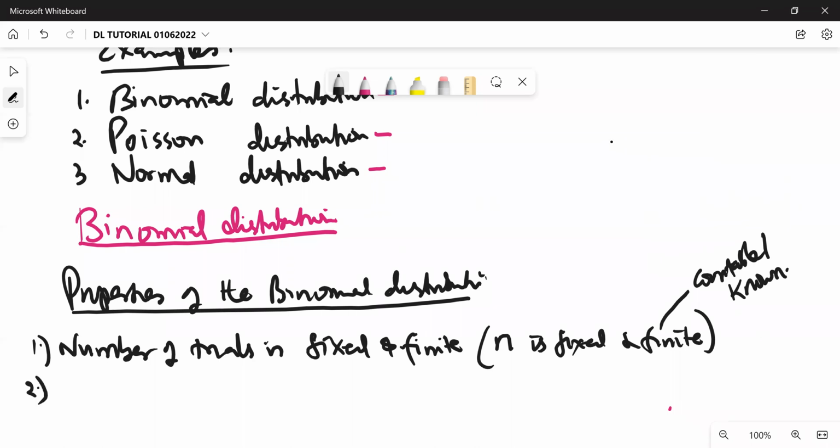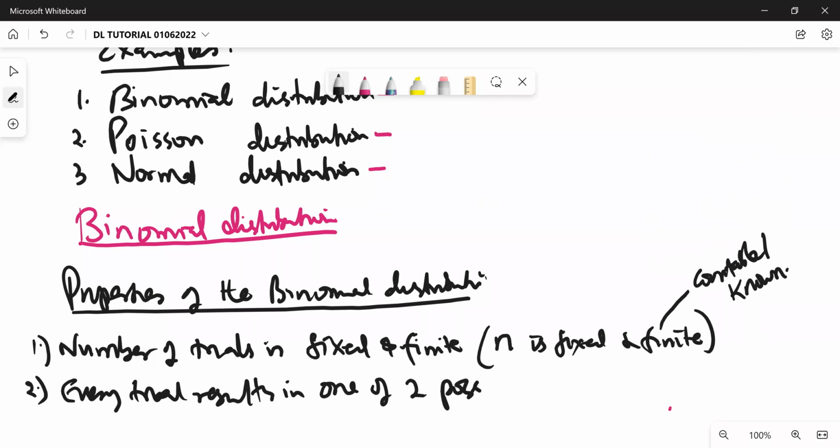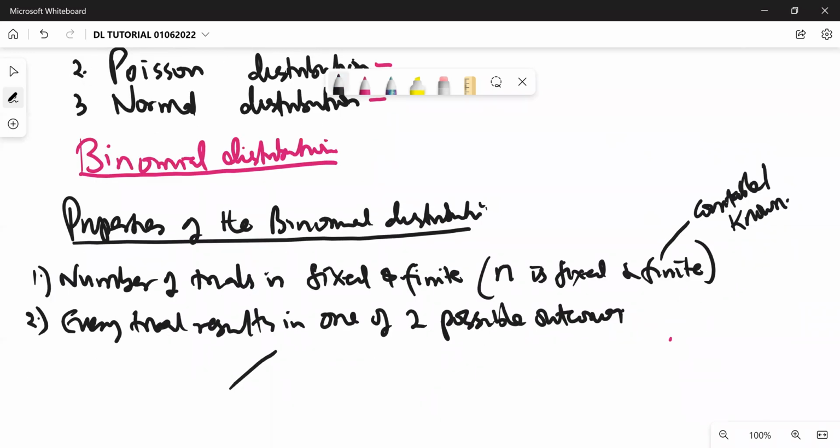Secondly, every trial results in one of two possible outcomes. So that means there are only two possible outcomes, and these two possible outcomes are labeled as success and failure.